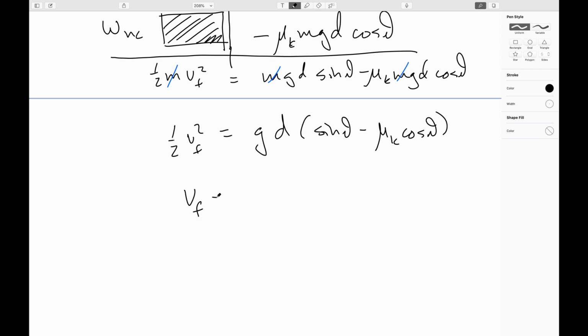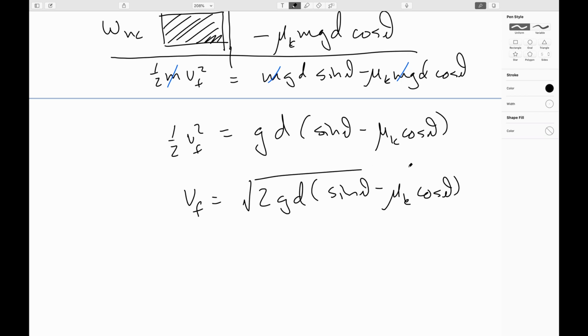Doing that, we will get v final equals the square root of 2 g d times sine theta minus mu k cos theta. So now we can put in our values. So this will give us 2 times 9.8 newtons per kilogram.